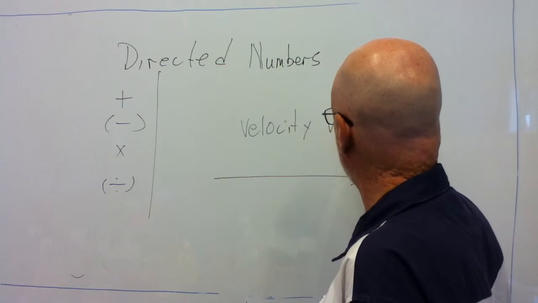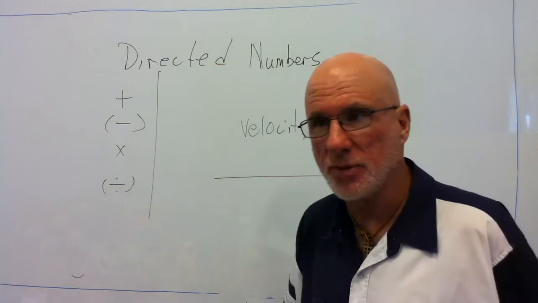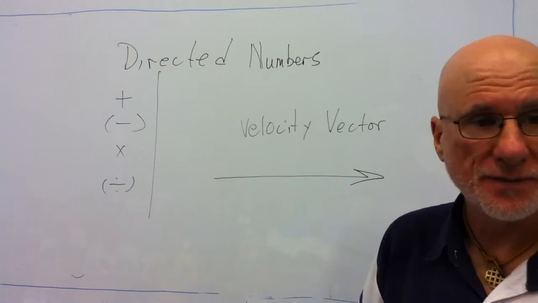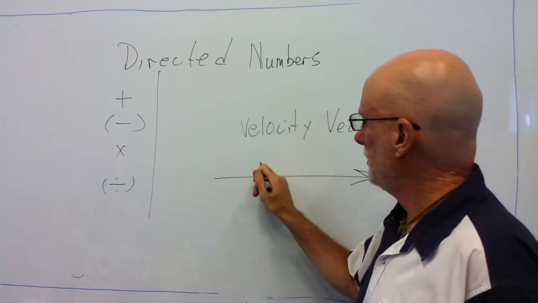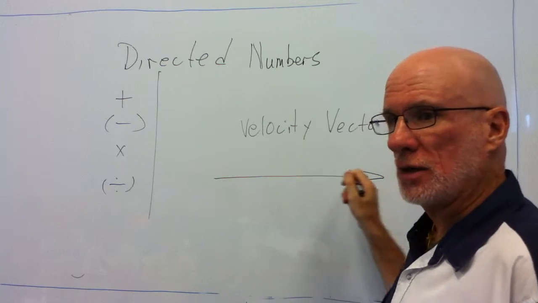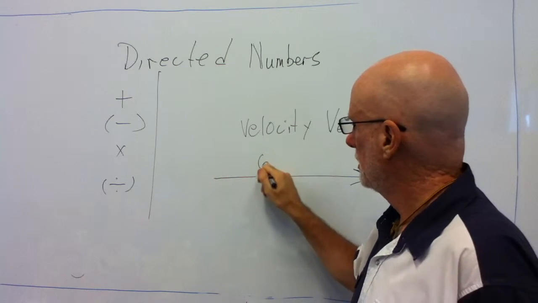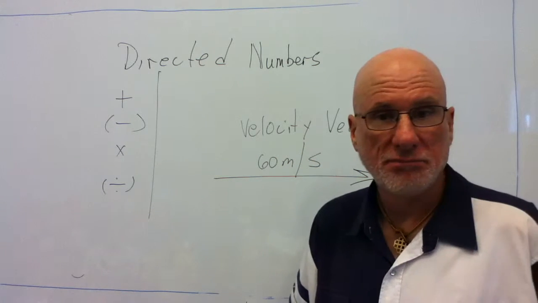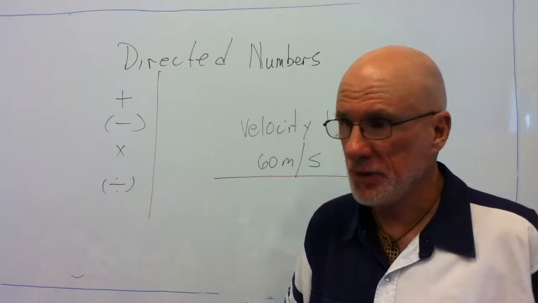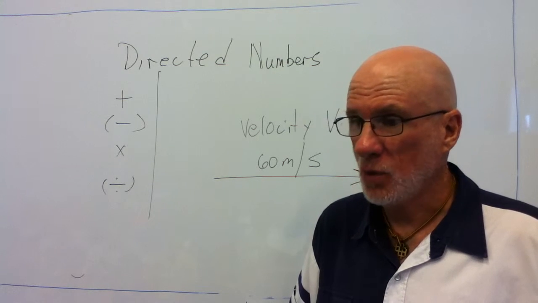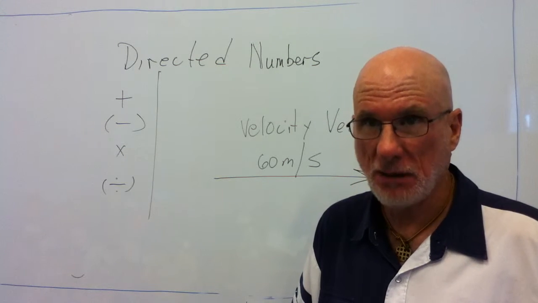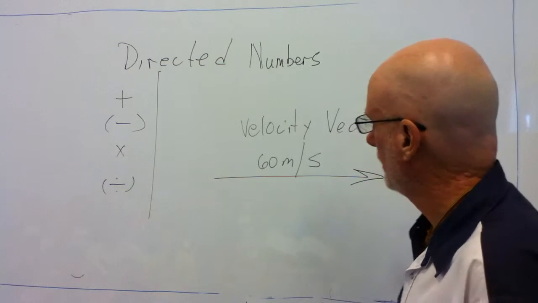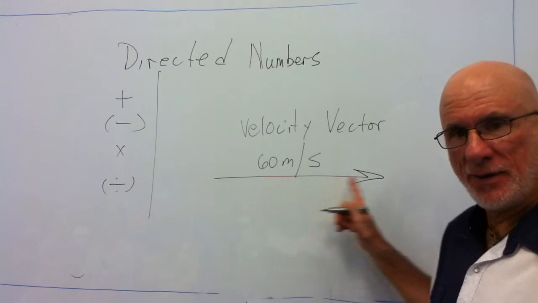You're going to be doing this in science this year. Now, let's say this car is going 60 meters per second. It's pretty fast, don't you think? In 1 second, it's going 60 meters. Well, it's going that way, right?